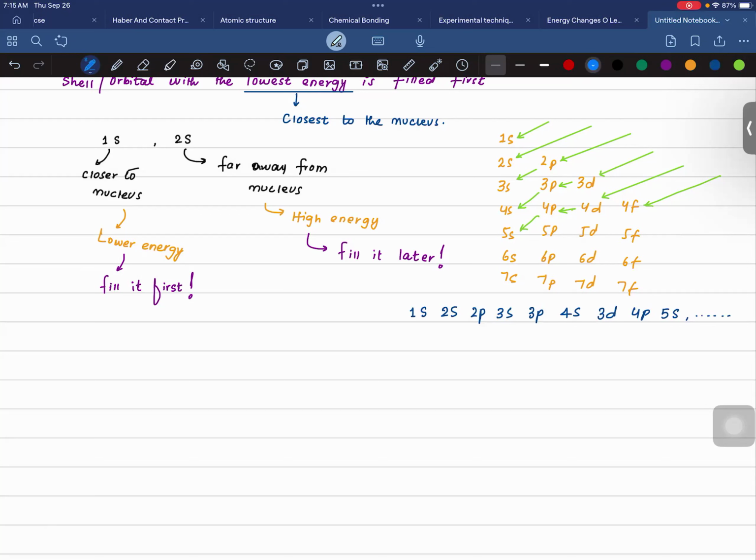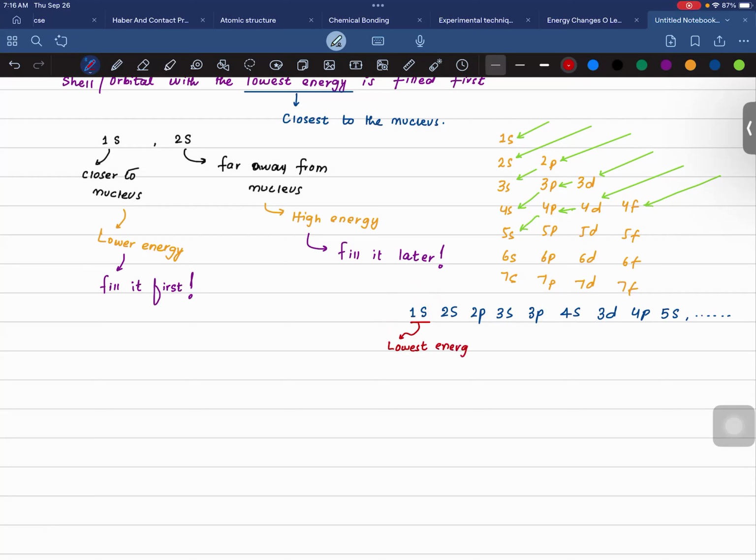So it means that this is the orbital which is having the lowest energy, because this is the orbital which is closest to the nucleus. That's why it's having the lowest energy.